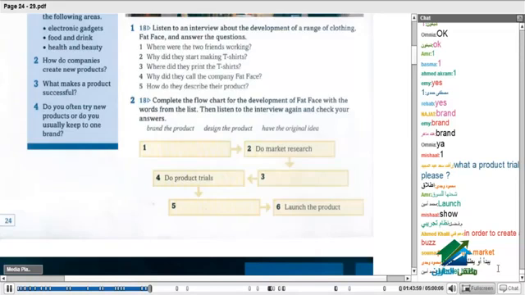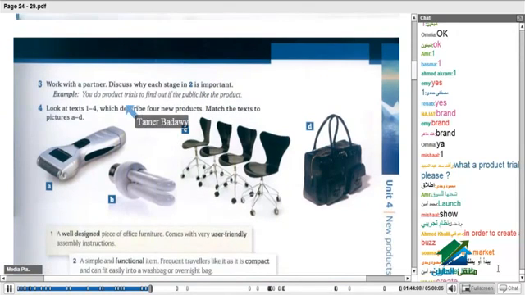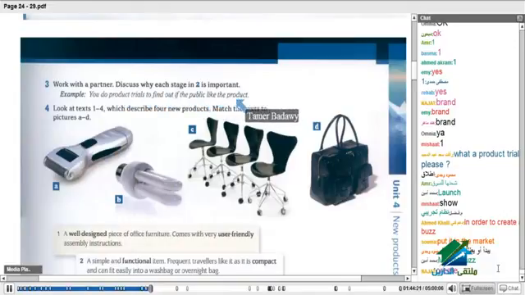Exercise number 3. Discuss why each stage in 2 is important. You do product trials to find out if the public like the product. That's why you make trial production, right? Okay, let's have the other tips.